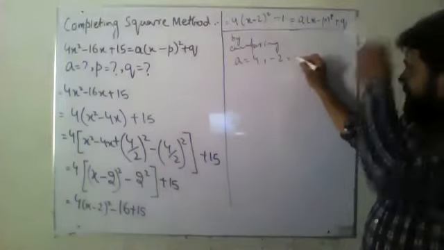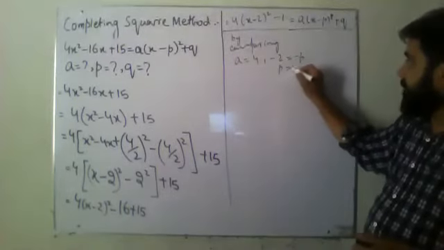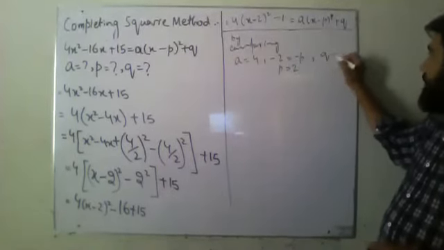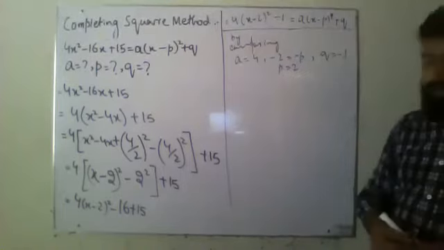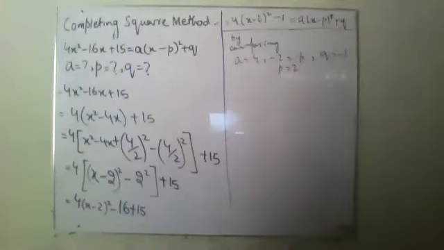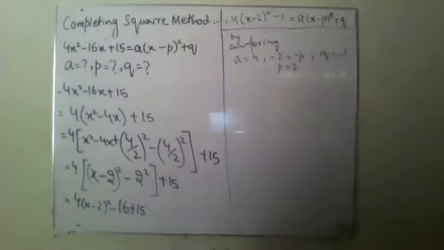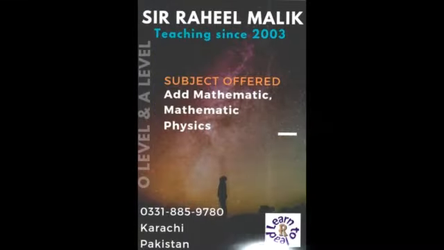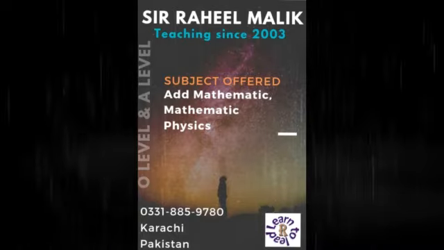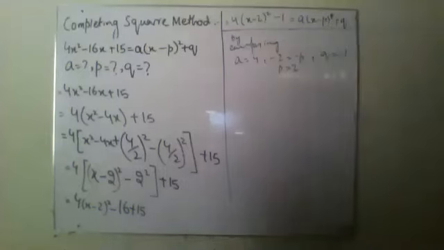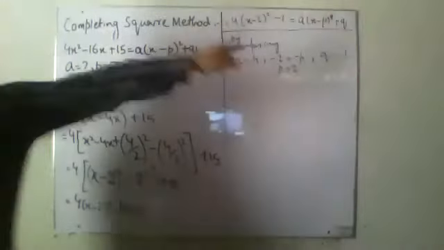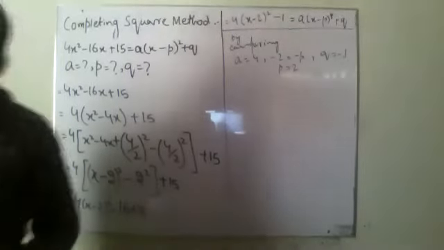Minus 2 equals to minus p means p equals to 2, and q equals to minus 1. This is the first part of the question in which they have asked for the values of a, p and q.